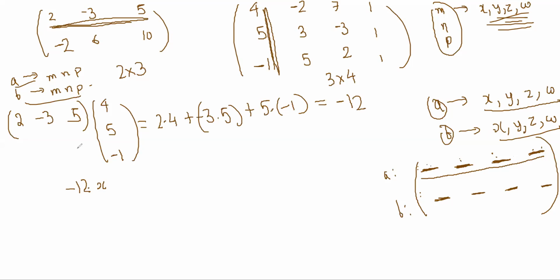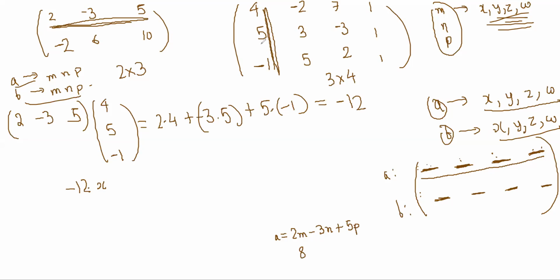Now notice that if you had done the calculation in the normal way, writing the equations, doing the calculations, as we had done on the previous screen, just check it, the x value will come out to be minus 12. We can write the equations: A is equal to 2m minus 3n plus 5p. And m had 4x, so 8.